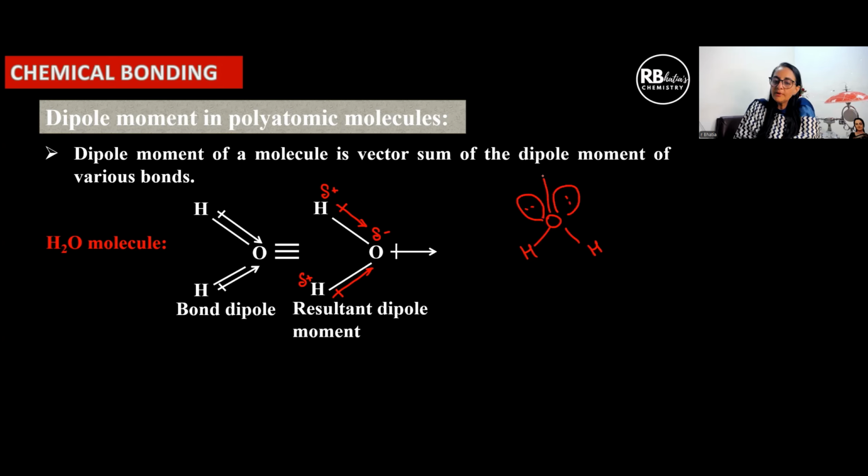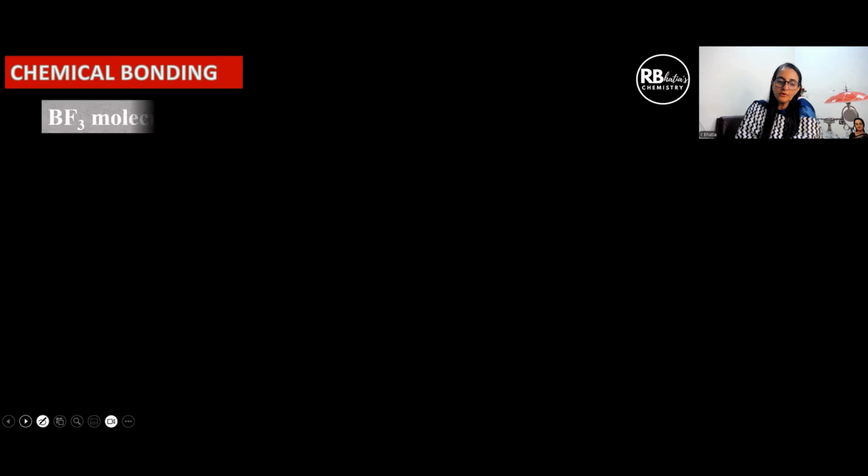The dipole moment due to the lone pairs is oriented outwards because electrons are more negative, so the dipole is always expressed outwards. Here it's from electropositive to electronegative. Since it's a vector quantity, if we see the net effect of these three dipoles, it is all getting added in the same direction. So mu for water is not equal to 0. Water is a polar molecule having polar bonds.